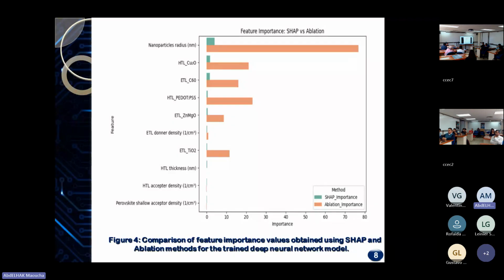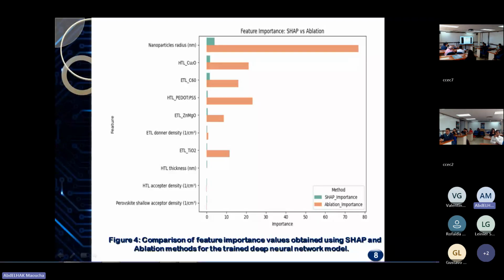To interpret the results, we applied SHAP analysis and ablation studies. Both methods identified nanoparticle radius as the most dominant feature, which confirms the strong role of plasmonic enhancement. The SHAP and ablation importance scores are plotted side by side for comparison.